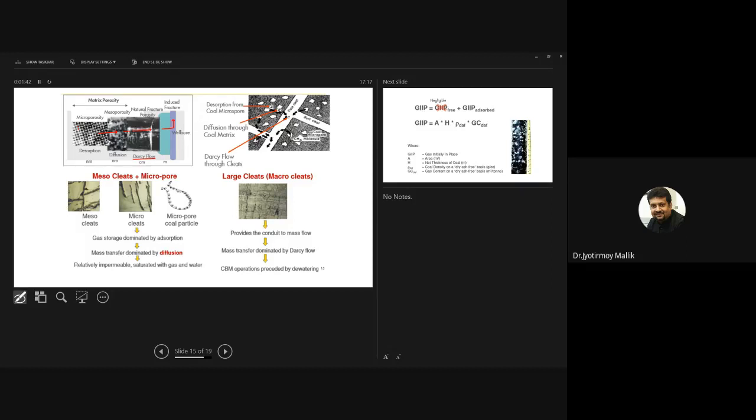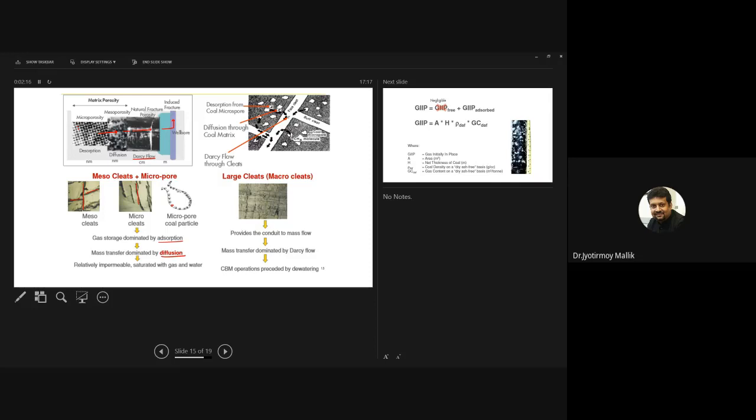There could be slightly larger cleats, which we call mesocleats, of course. And then these micro pore spaces. As we talked about, the microporosity is generally dominated by the adsorption process. The transfer is dominated by the diffusion process in case of mesoporosity, and then in the natural fractures, it follows Darcy's law.